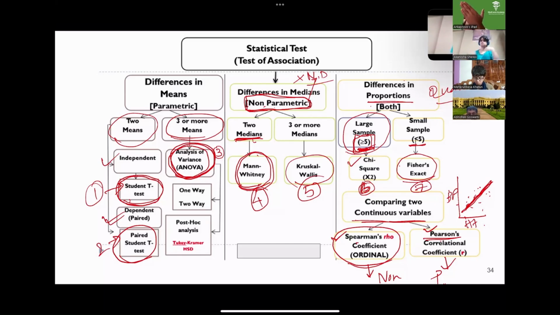So one variable becomes your dependent that you are trying to find out, and the variable which you are trying to observe is your independent. That kind of variable is a dependent variable, and that will be measured using paired student t-test. Yes, sir. Simple enough.